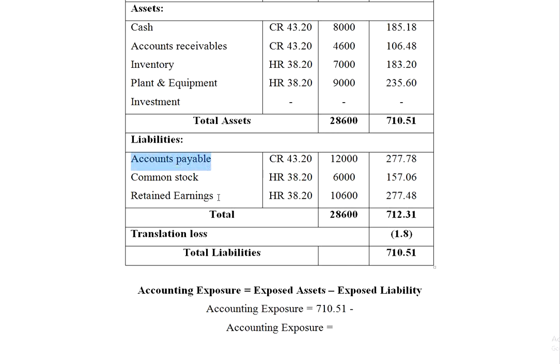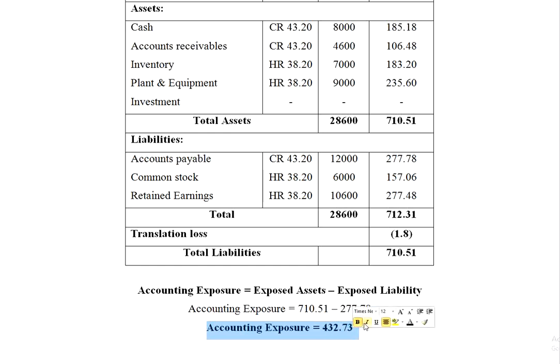Here we don't have any current liability specifically. Accounts payable is a part of current liability, and we don't have long-term debt, so we are going to use only this 277.78. If you deduct 277.78 from 710, you are going to get 432.73. So this is the accounting exposure which we have prepared.